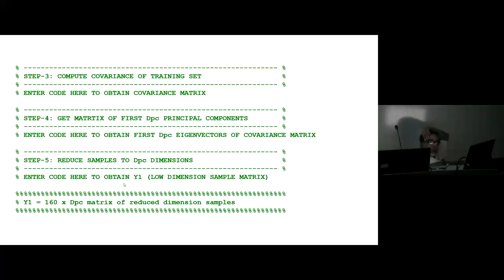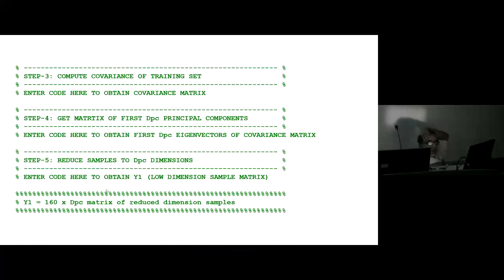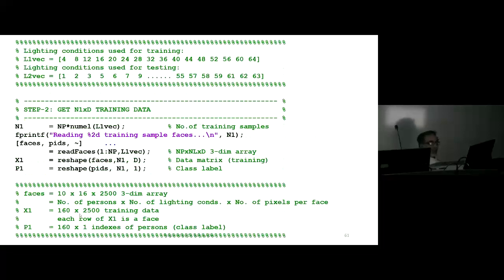This would be 30 times 1600. No, how much would be 30 times 2500, sorry, right? Oh, no, sorry, that would be W. So Y1 will be 30 times 2500. Yeah, 30 times 2500. No, 30 times, sorry.